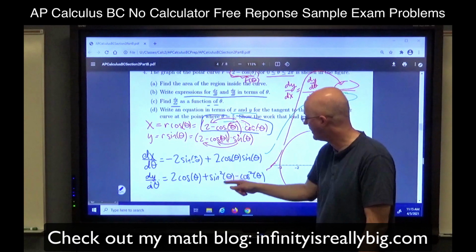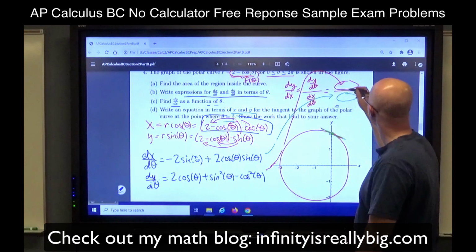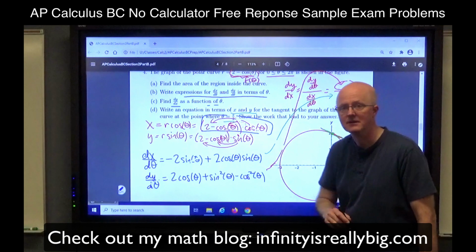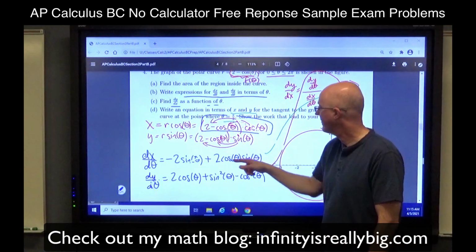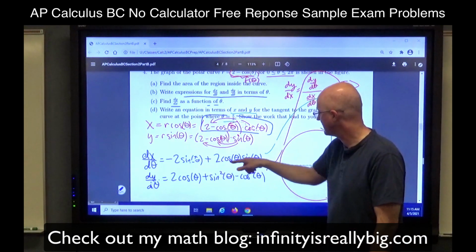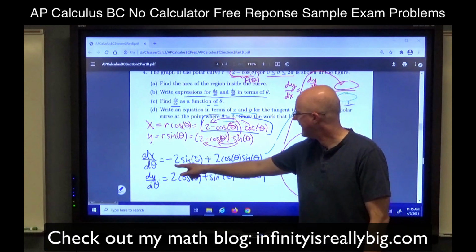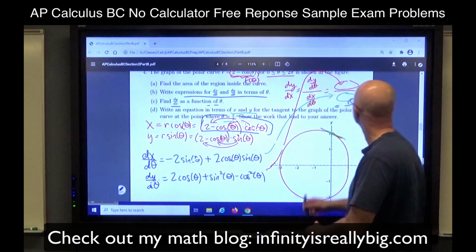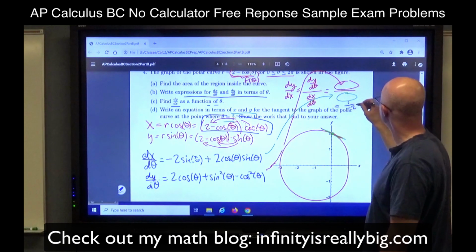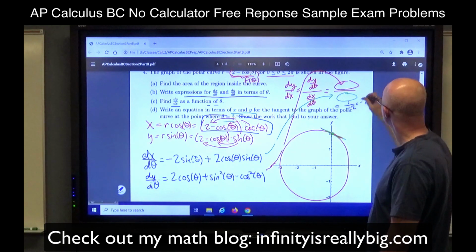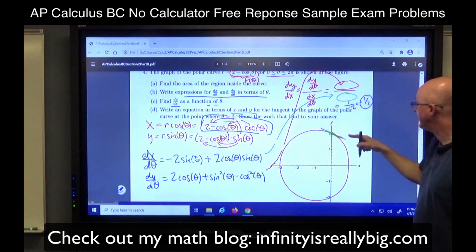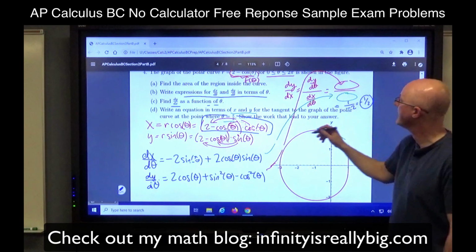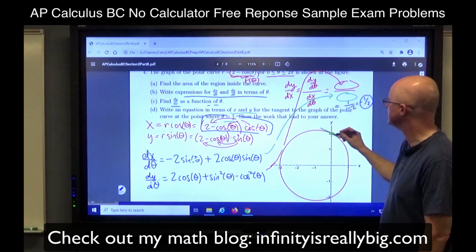Sine pi over 2 is 1. 1 squared is 1. I get a 1 on the top. And on the bottom, I plug pi over 2 into this. This is 0 because cos pi over 2 is 0. Negative 2 sine pi over 2 is negative 2 times 1, which is negative 2. 1 divided by negative 2 is negative 1/2. That's the slope. That's not the final answer, because I need to use the point x equals 0, y equals 2.